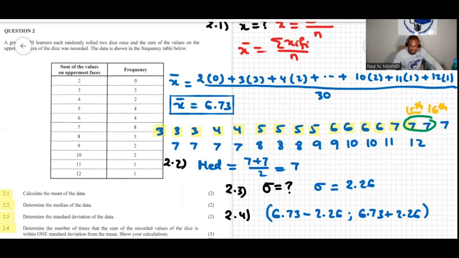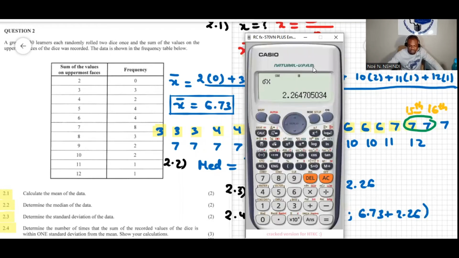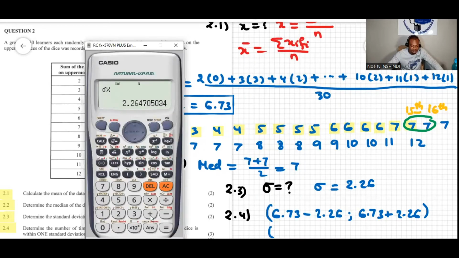We can use a calculator here. This was the standard deviation already, so I just want to add the mean, 6.73. This will be 8.99.